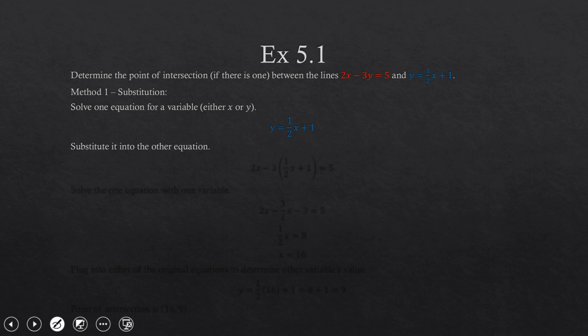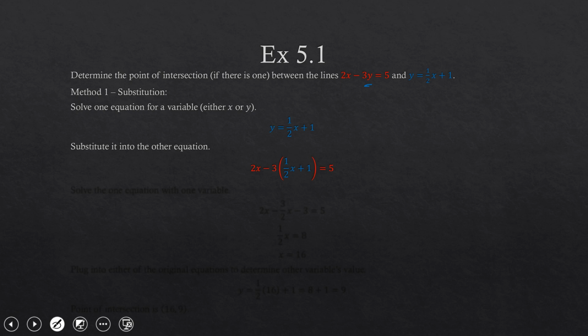Now we substitute it into the other equation wherever we see that variable. So in our other equation, we can see that there is y right here, and so I'm going to replace y with 1/2 x plus 1. So that gives us this equation, 2x minus 3 times all of 1/2 x plus 1.